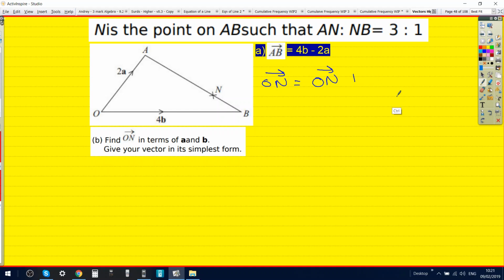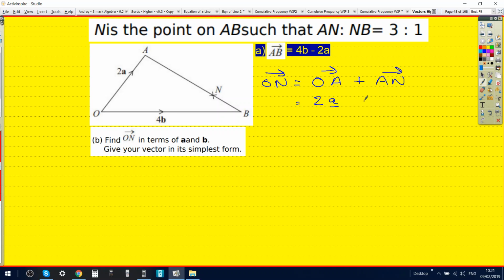So what would O to A be? Would it be a fraction? What is the vector from O to A? 2A? Yep, plus 2A. And then how do we do A to N?